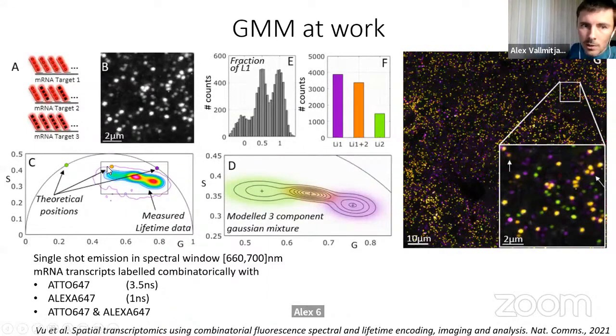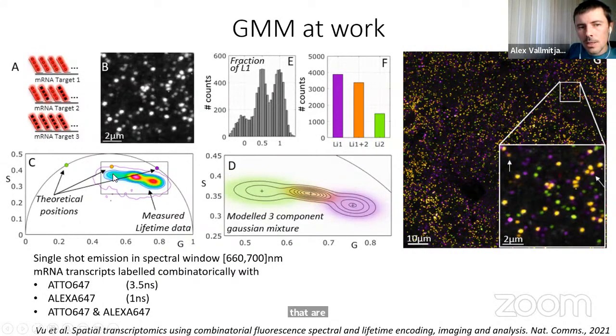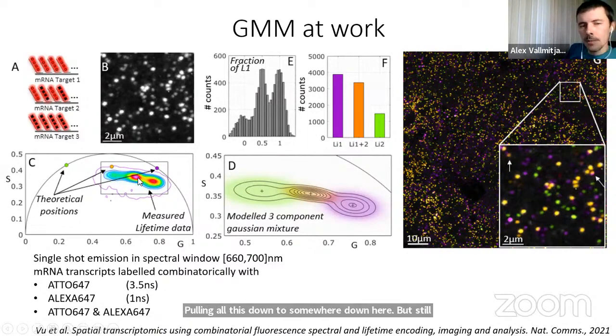So target 2 should fall in the middle. And then you have some other phasor populations that are dragging your data into what probably is what we call autofluorescence. So you have some other groups here that are pulling all this down to somewhere down here, but still you see the 3 clusters which correspond to the 3 populations in the data.